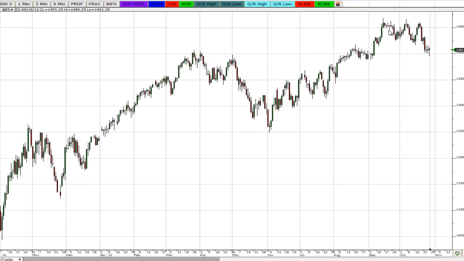Now we're coming back down to test this general area that had provided resistance before, and we are testing it. So that's the first large key reference area.